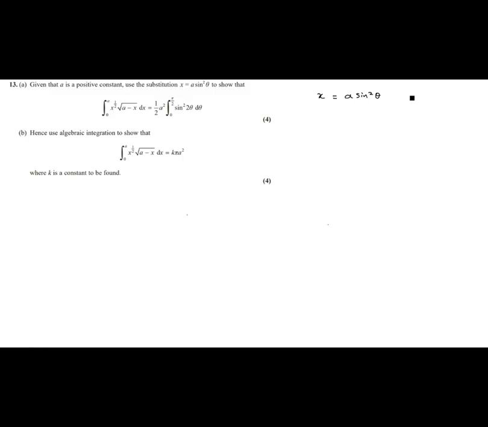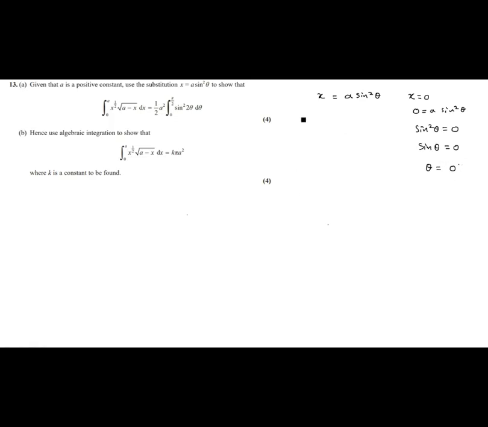So when x is 0, if we substitute 0 here, 0 equals a sine square theta, and this will give you sine square theta equals 0. If we divide both sides by a, that means sine theta is 0, so theta is 0.